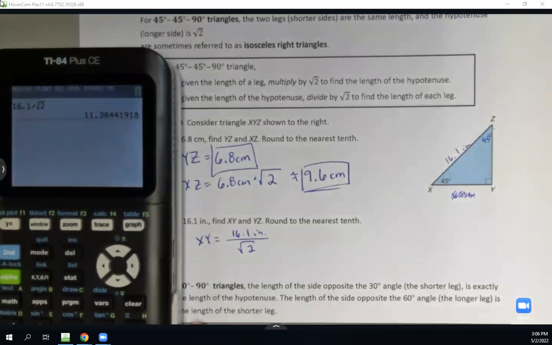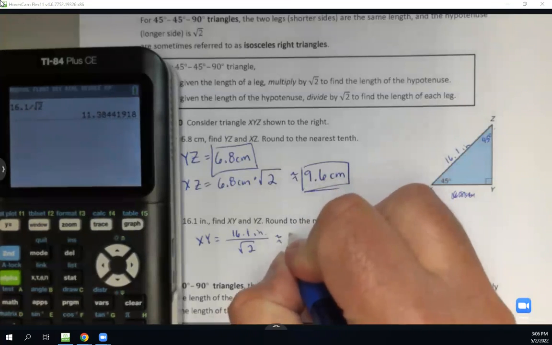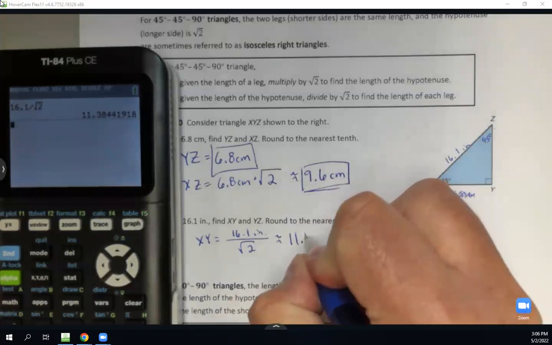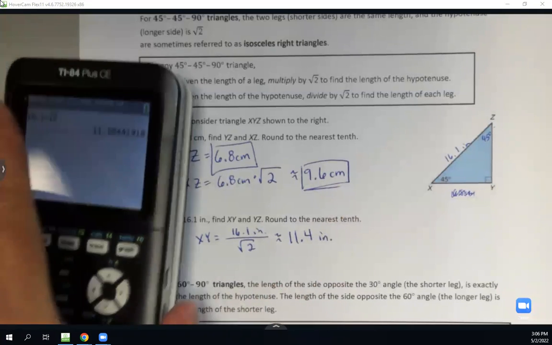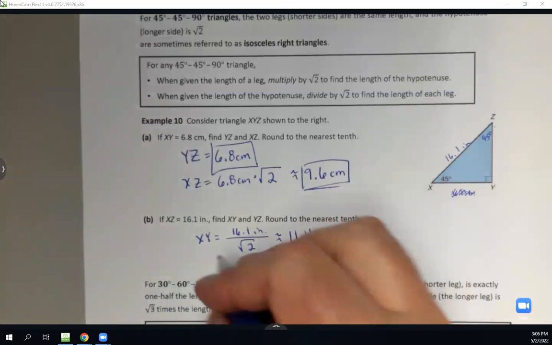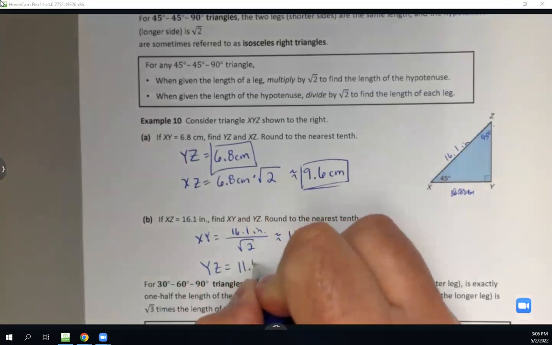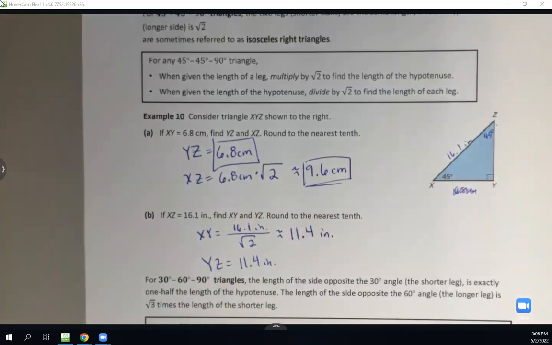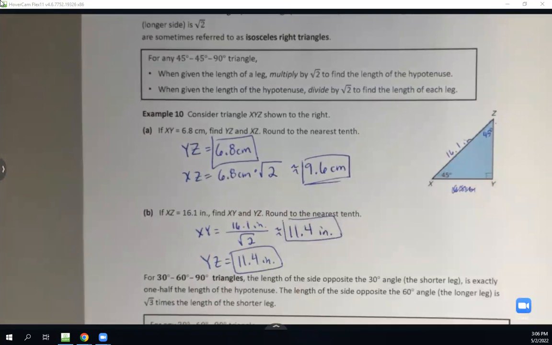So that is 11.4 if I round to the nearest tenth, and it'll be inches. Okay with that? And so YZ is equal to the same thing. Not too terrible.